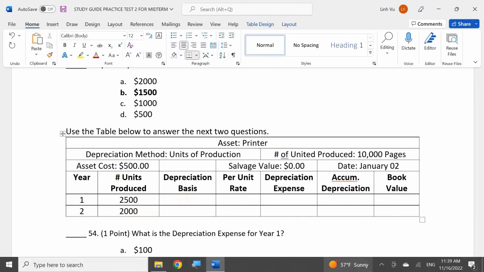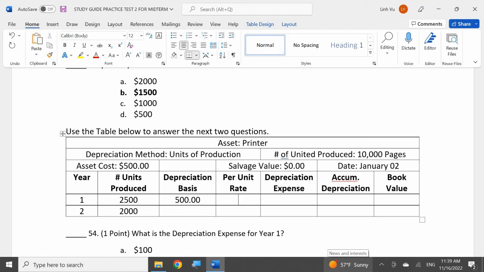So again, depreciation basis for units of production is going to be your asset cost of $500 minus salvage value of 0, which gives you a total of $500. Now your per unit price is going to be your depreciation basis divided by the total number of units that you can produce.